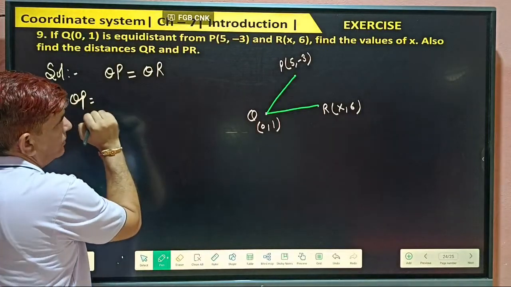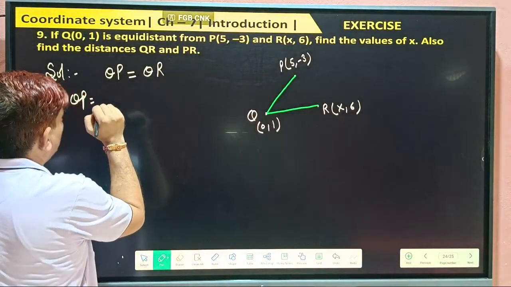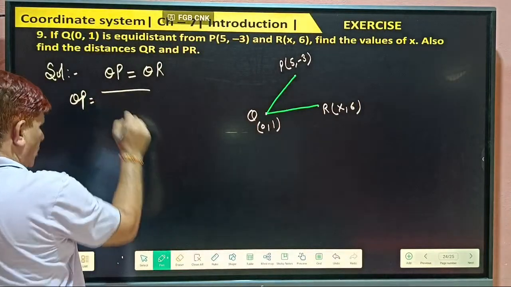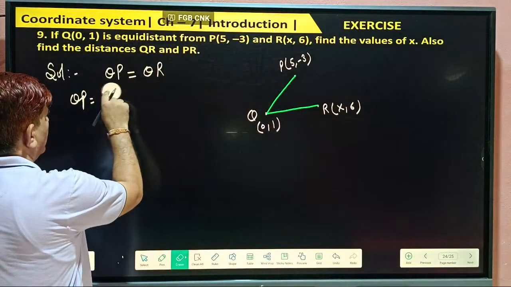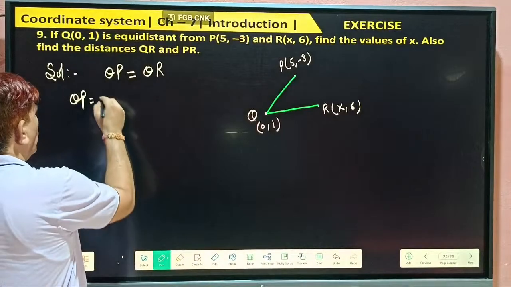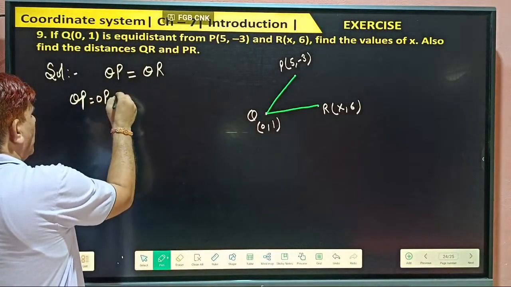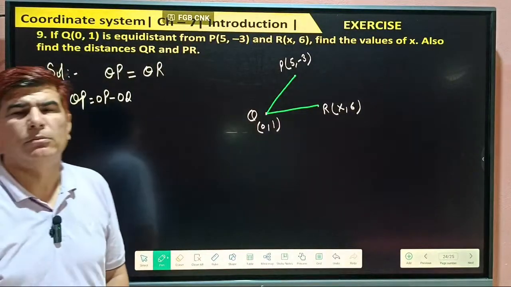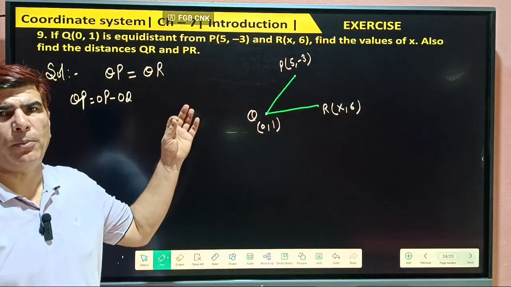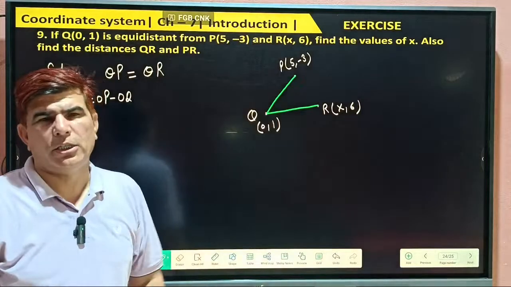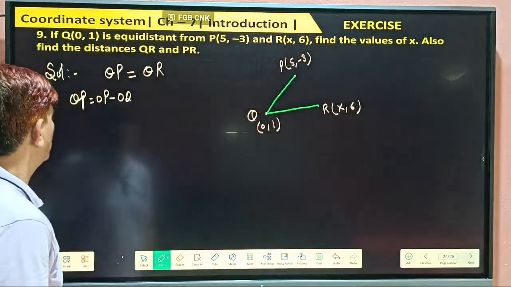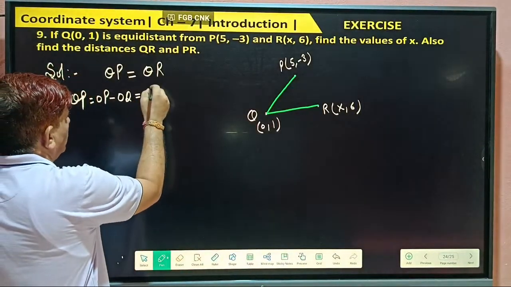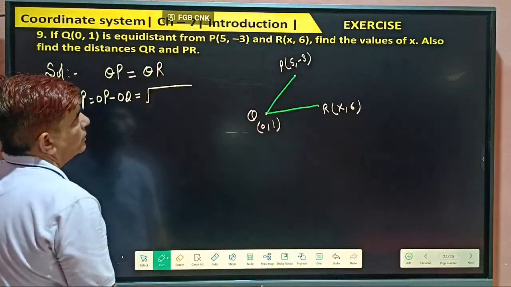QP means OP minus OQ. O is the origin, the distance of point P from the origin, and the distance of point Q from the origin. So how can we find it with the help of the distance formula?